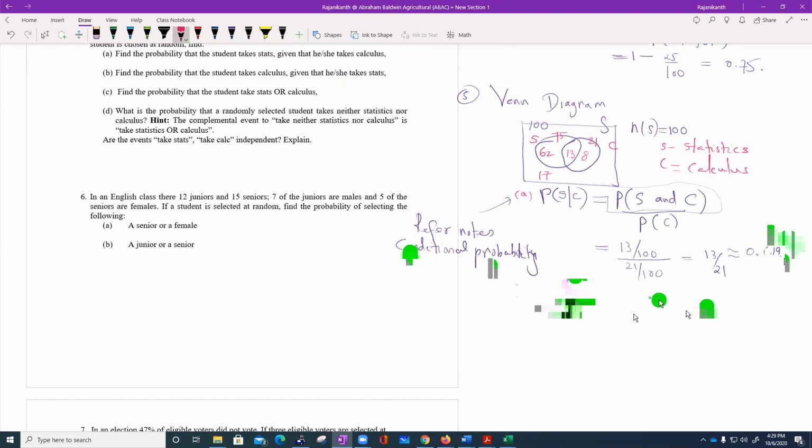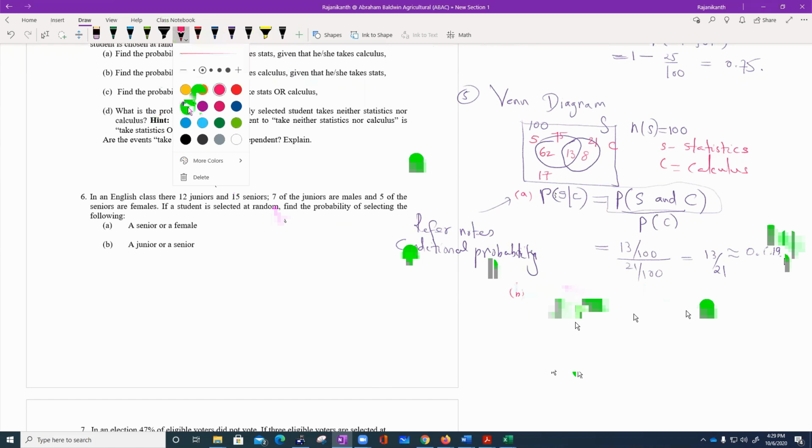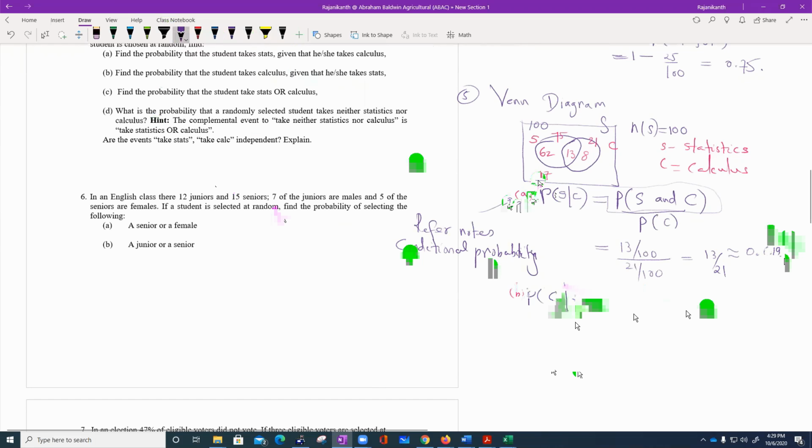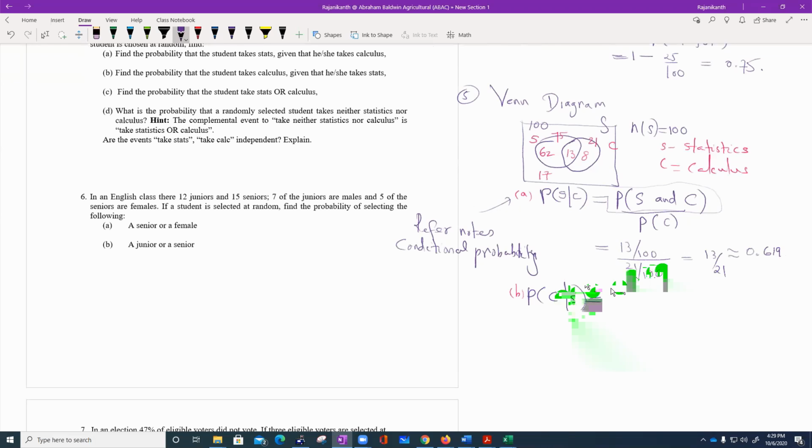The second one: find the probability that a student takes calculus given that the student takes statistics. So they are asking the other way around. The probability of calculus given statistics, by the conditional probability formula, is P of C and S over P of S. The probability of a student taking calculus and statistics is again 13 over 100.